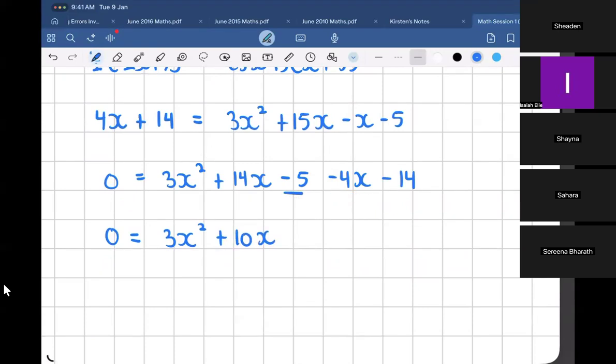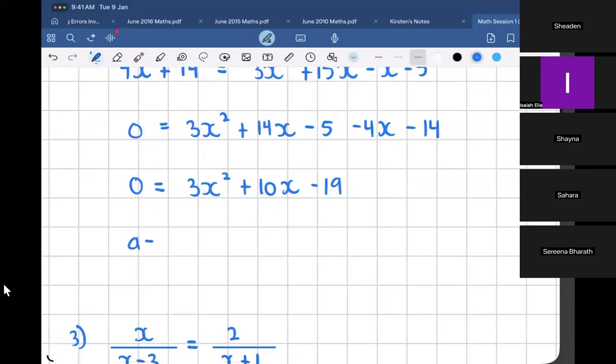And then we have minus 5 minus 14. What's minus 5 minus 14? Minus 19, right? You add it. So A would be what? And A, B, and C would be equal to what?